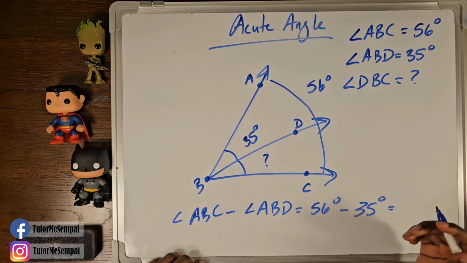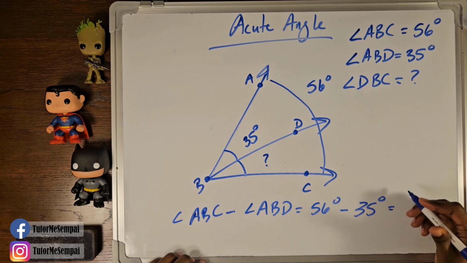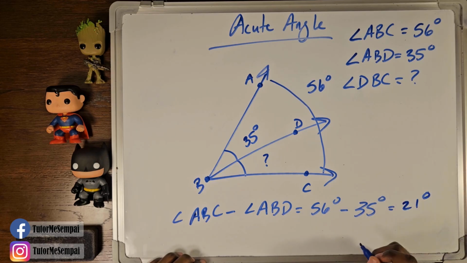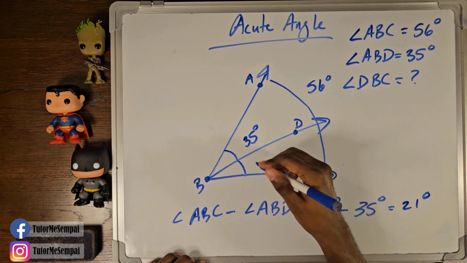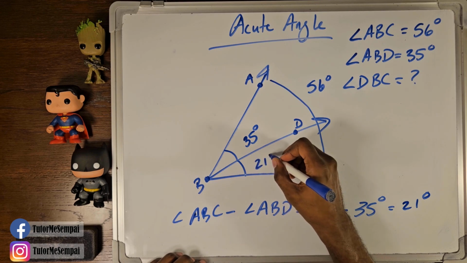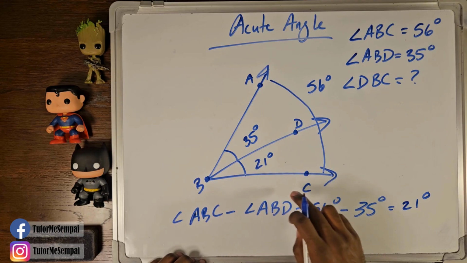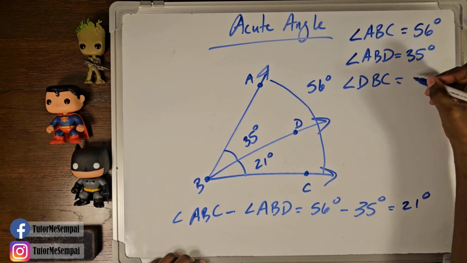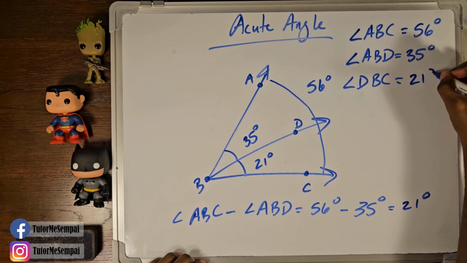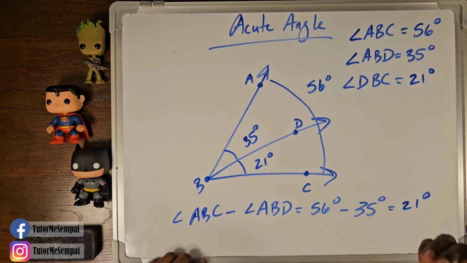And what do you get when you have 56 degrees minus 35 degrees? Well, you're going to have 21 degrees. So our leftover part, our remaining angle, should be 21 degrees. And that's going to be DBC. We found that angle DBC is 21 degrees.